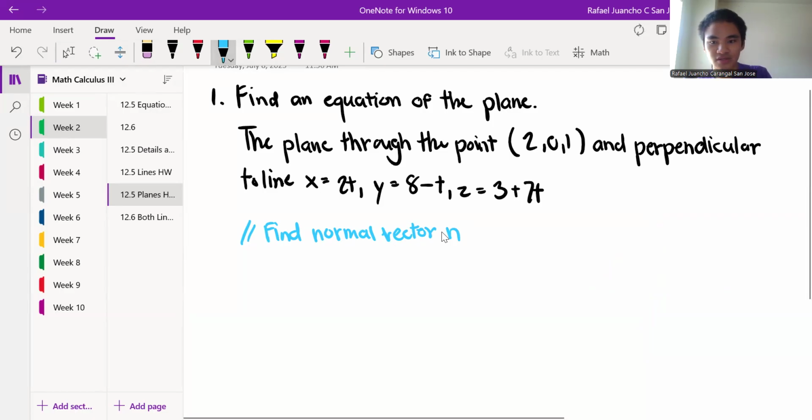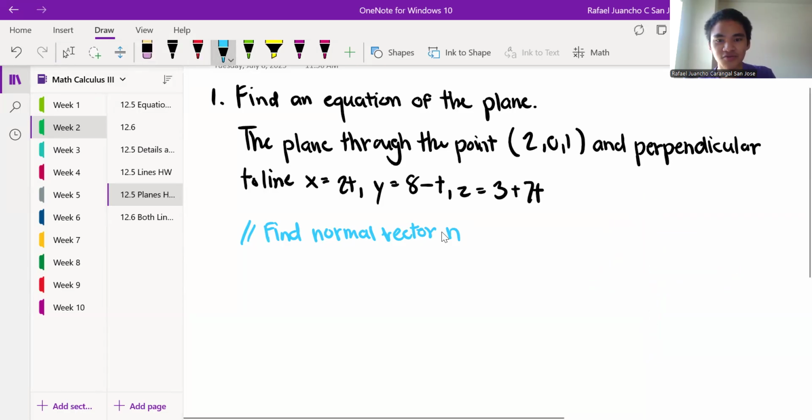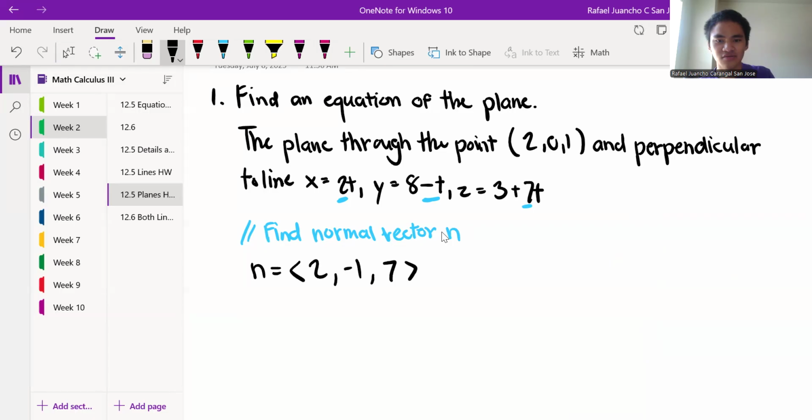Imagine this was our plane, not drawn to scale. We need a normal vector that goes up or down and is perpendicular, and we already have our line here, and it's perpendicular. So that means our normal vector is these numbers here. So that's n: 2 for our x, -1 for our y, 7 for our z.